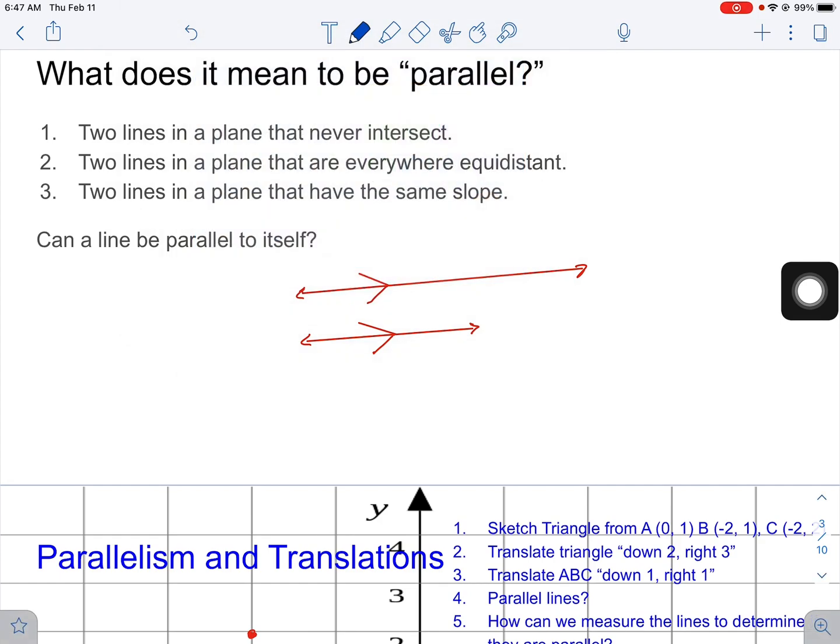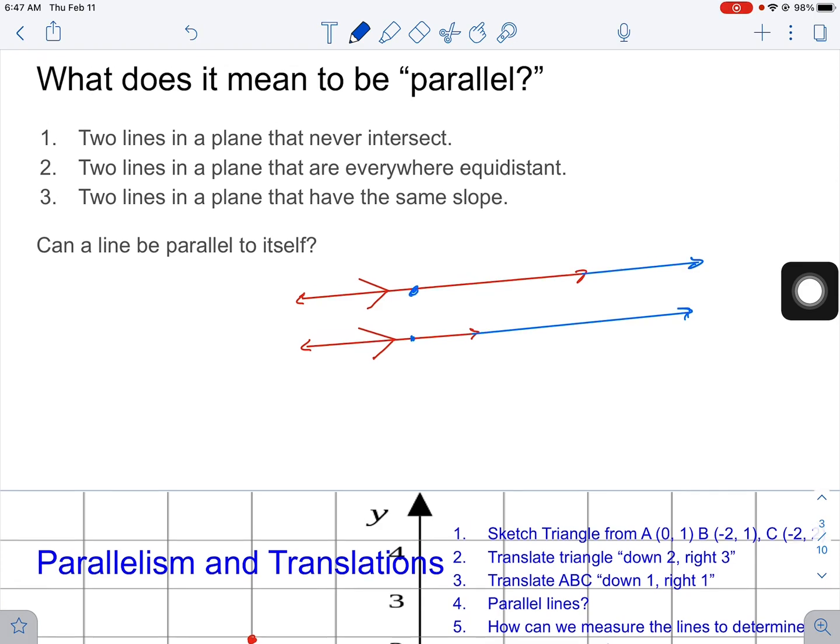So for example, if we were to continue this line and we were to continue this line infinitely, they would never cross. Another definition: two lines in a plane that are everywhere equidistant. That means that if you look at a line segment that is connecting the point and its image, it's always going to have the same distance.